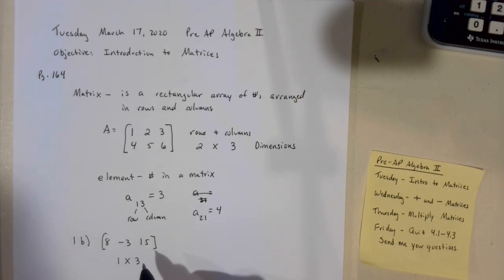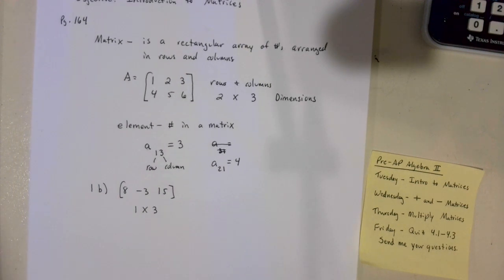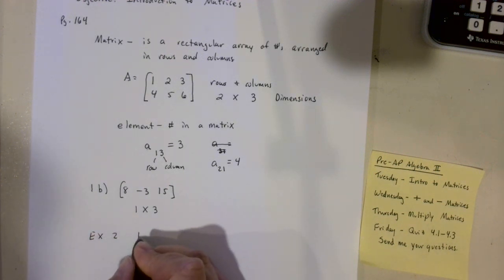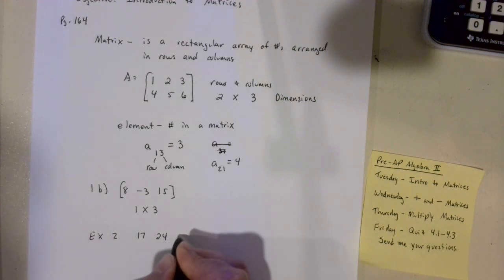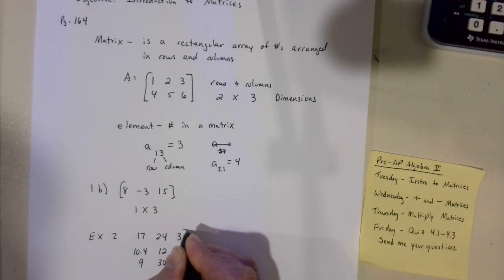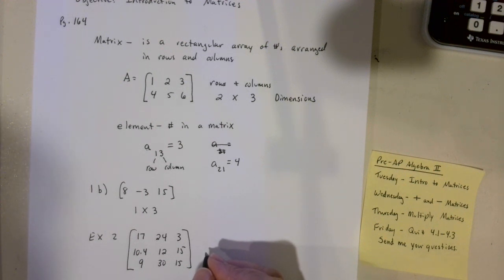If you look up at the top of page 165, you will see example 2. Example 2 has the matrix 17, 24, 3, 10.4, 12, 15, 9, 30, and 15. Down below that, they want you to identify the different elements.